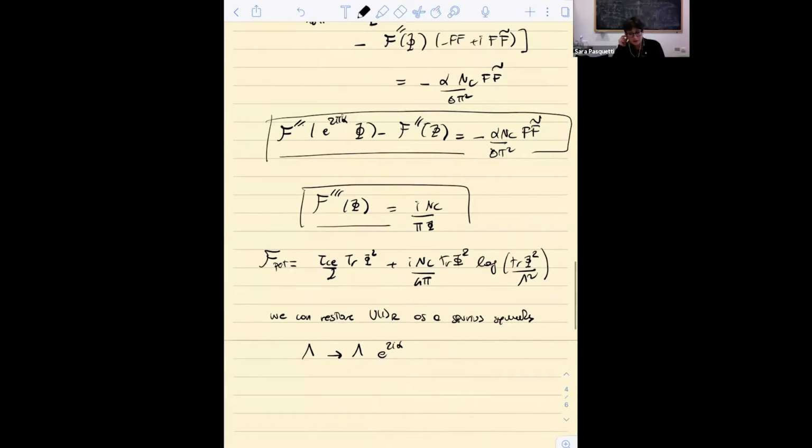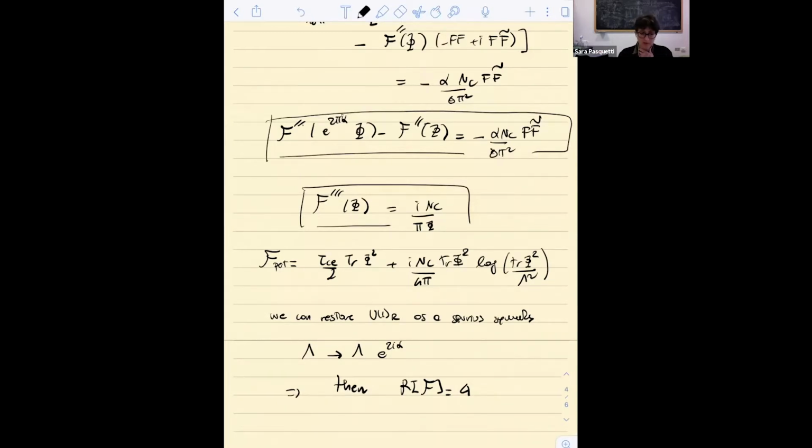Then if lambda is a spurious field that transforms with R charge 2, F, the prepotential, is an object with R charge 4, because it's quadratic in phi, which has R charge 2, and then you get only the combination phi squared over lambda squared.